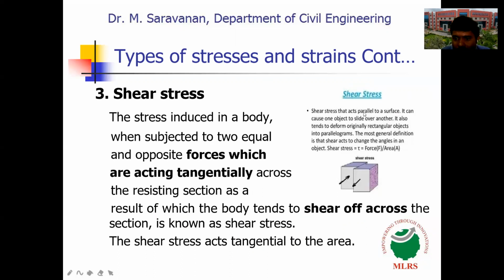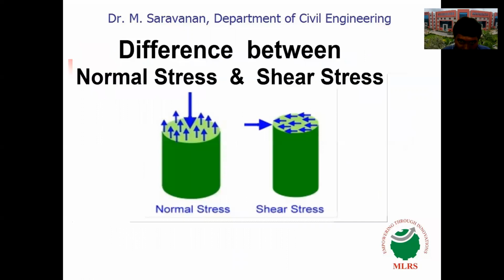So when the force acts parallel to the surface of the plane, then shear action will take place. The force because of the stress is called the shear stress. The shear stress is equal to force divided by area. So the shear stress acts tangential to the area.